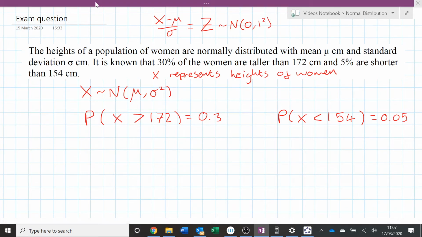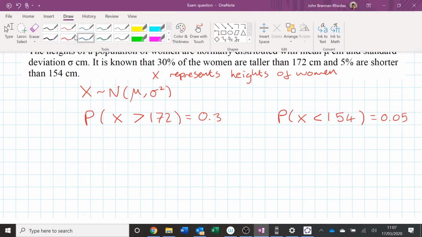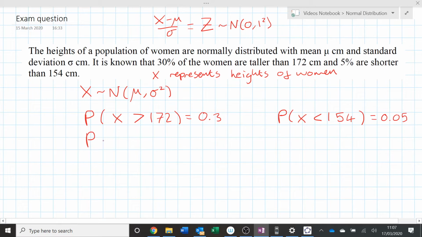So let's change the left-hand side. Once you're comfortable, you can skip straight to z, but I did a step in between here. I'm actually going to do it firstly. I'm going to change it to a less than. I know that my inverse normal gives me a less than, so I'm going to first change this immediately into x is less than 172 is equal to 0.7.